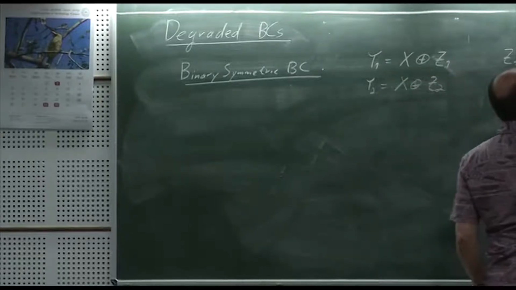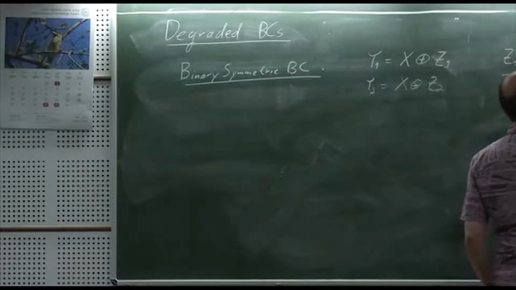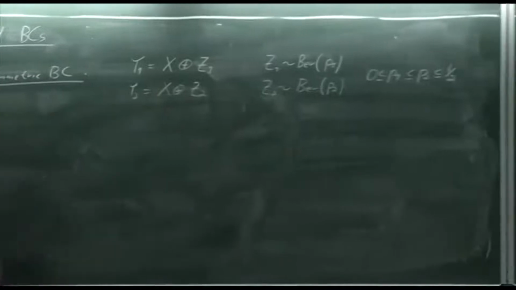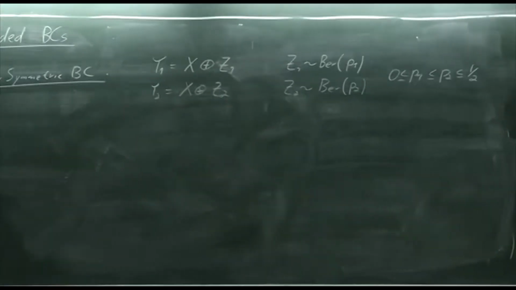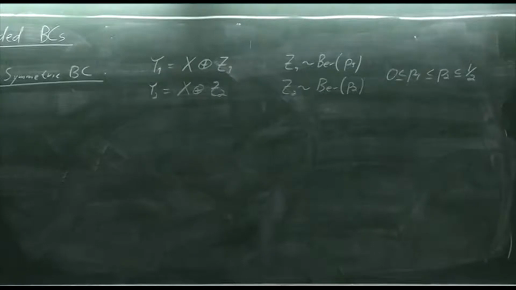Let's say 0 less than p1 less than or equal to p2 less than or equal to half, just so that we don't have to worry about going above a half, which will make the notation complicated and doesn't give us any extra insight anyway. Okay, so is this channel degraded?